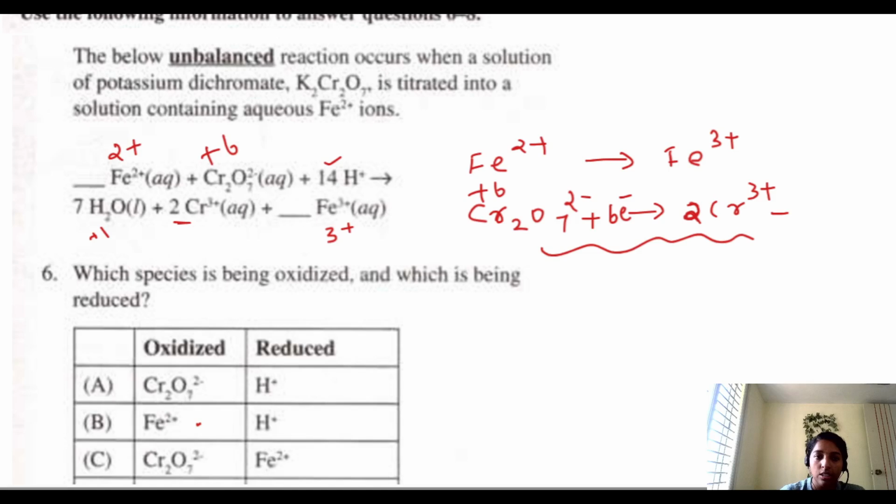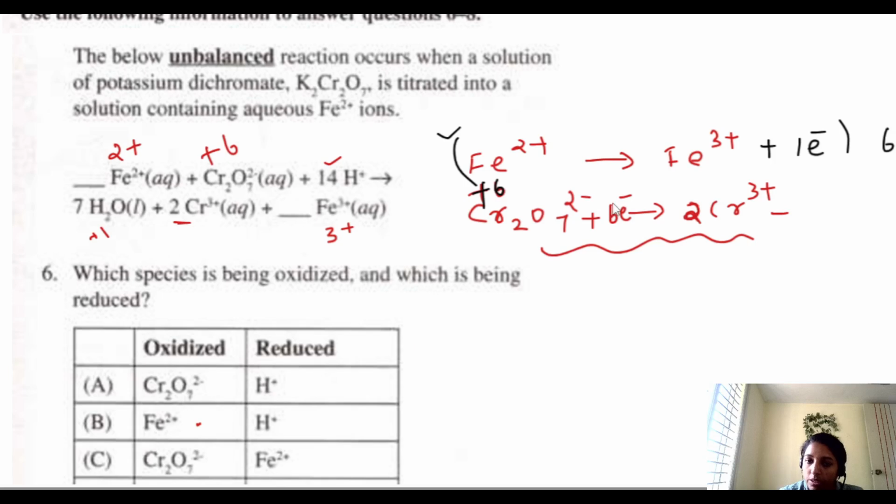So how do we handle the 6 electrons? Fe2+ is turning to Fe3+ by donating 1 electron. What we need is 6 electrons, so we have to multiply by 6. That's how we need to balance the redox reaction. First we take the half reactions: Fe2+ to Fe3+, and the other one is Cr2O7 2- to 2Cr3+. For each chromium, 3 electrons are involved, +6 to +3.